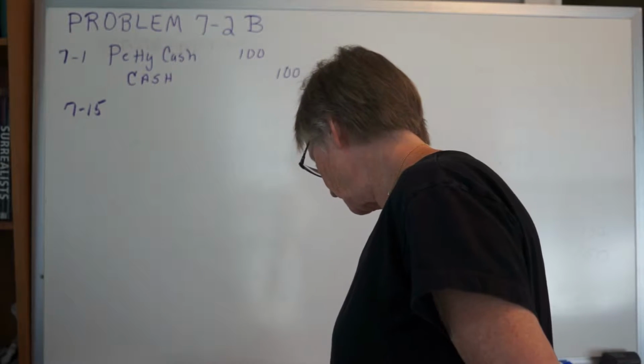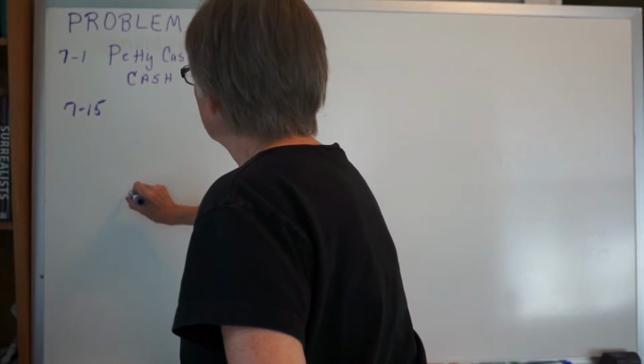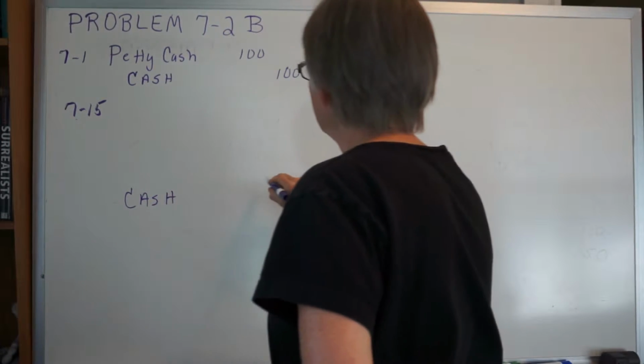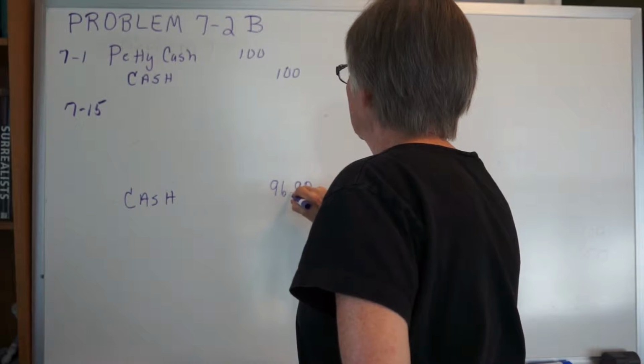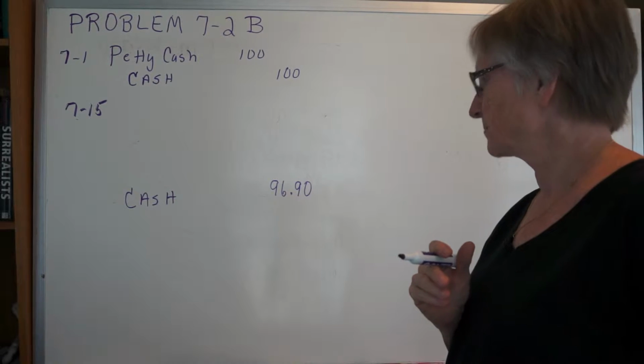And in this problem, they say that we wrote a check for $96.90. So we know we wrote a check. This is the credit entry for $96.90. So that's the amount of cash it takes to get the fund back up to the $100 it started at.